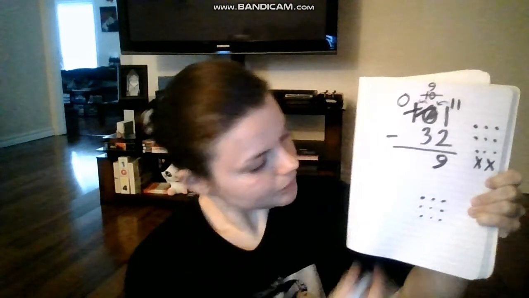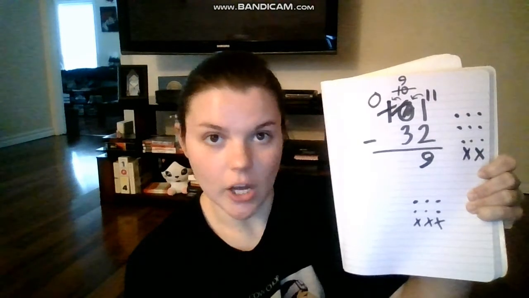Let's do our dots. 1, 2, 3, 4, 5, 6, 7, 8, 9. So we have our 9. Now we're going to take away 3. 1, 2, 3. And then we're going to count the dots that we have left. 1, 2, 3, 4, 5, 6. We have 6 dots left.